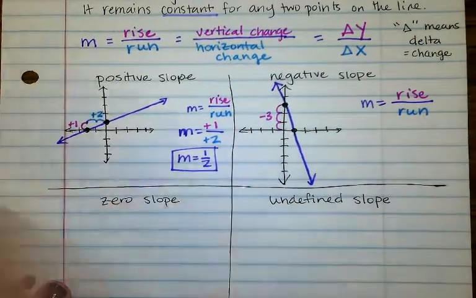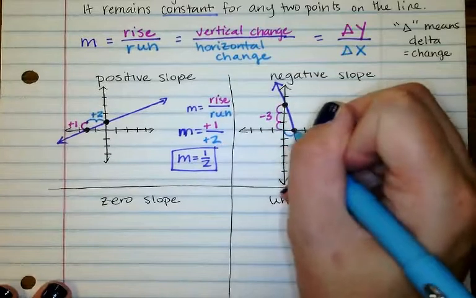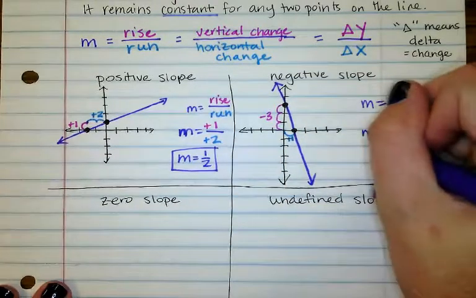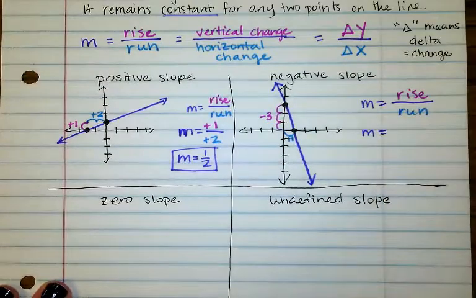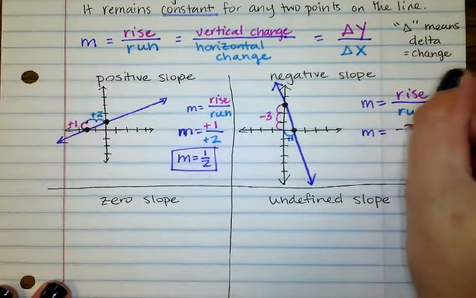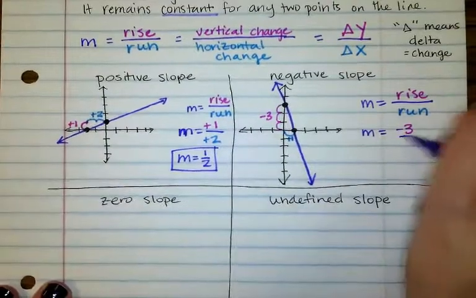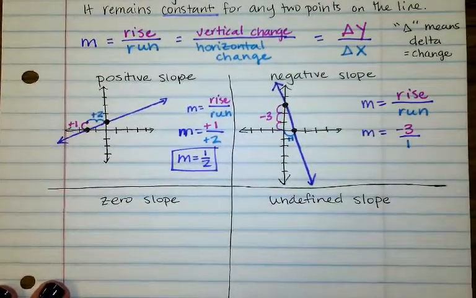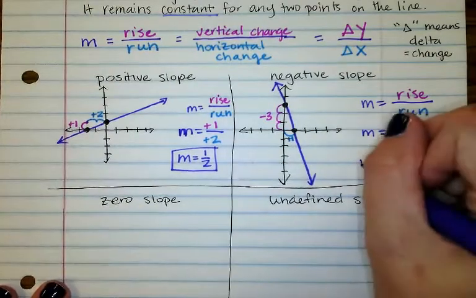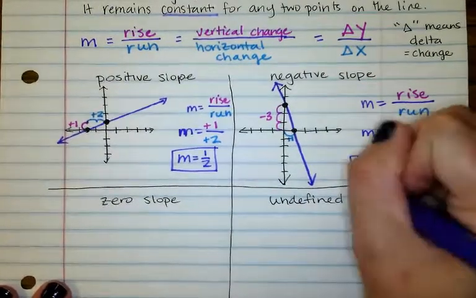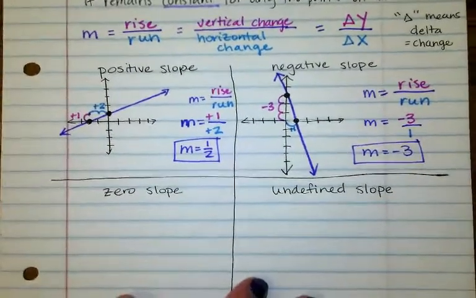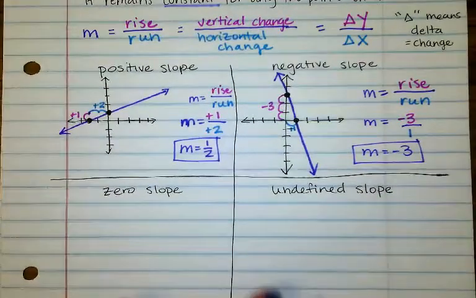And what's my run in this case? Just a +1. So my slope is equal to -3 over 1. And how would that reduce? That would just be equal to -3. Do y'all feel good about that? Maybe? Yes, maybe so.